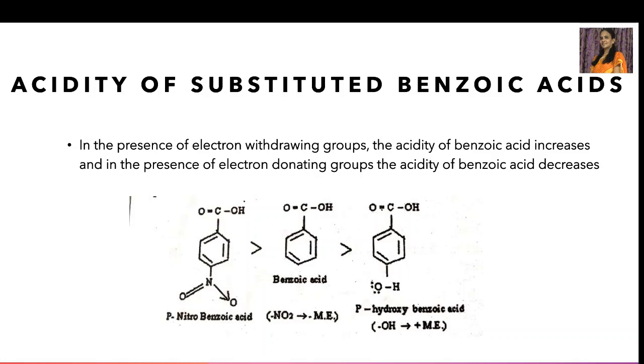So this is the order of acidic nature. And in this molecule, minus M effect is present, that is electron withdrawing. So due to the minus M effect it is more acidic, due to the plus M effect it is less acidic when compared to this. Okay, next.